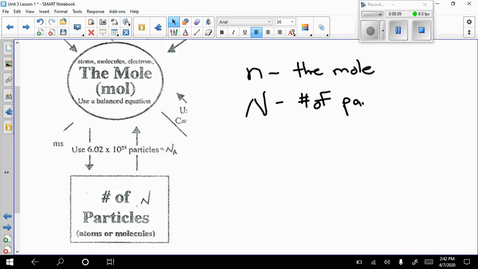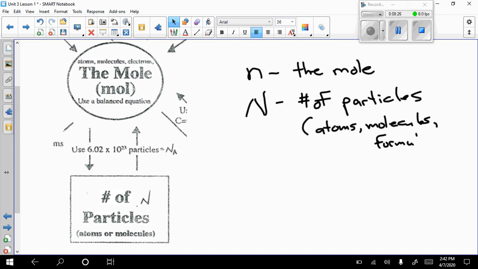And I'm very specific about saying particles because the particles could mean atoms, it could mean molecules, it could mean formula units. And just so you guys are clear on that, the terms molecule and formula unit are very similar. We use molecule when we're talking about covalent compounds, and we use formula units when we're talking about ionic compounds.